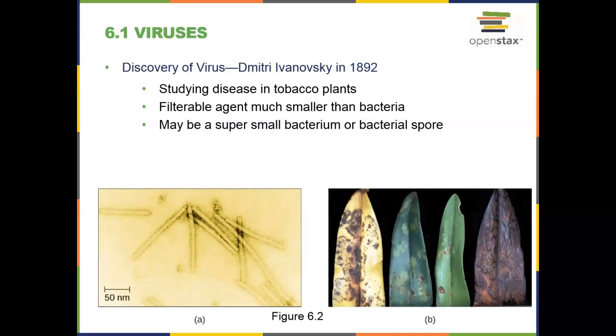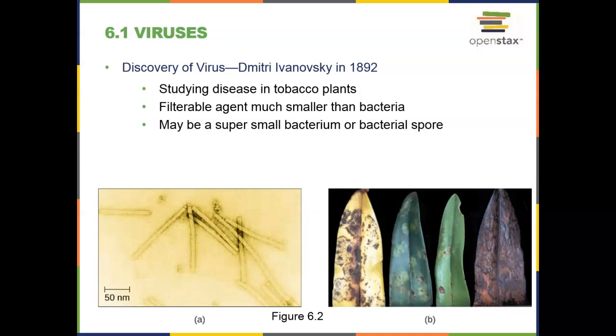So viruses were actually discovered, the first viruses were seen or discovered, I won't say seen, in 1892. Dmitry Ivanovsky was studying a disease in tobacco plants, which we now know is caused by the tobacco mosaic virus.